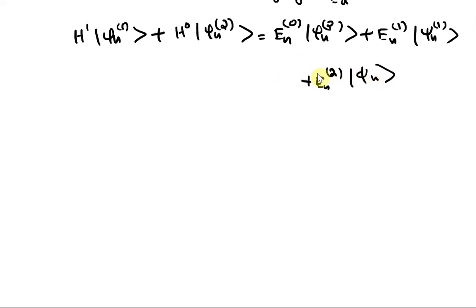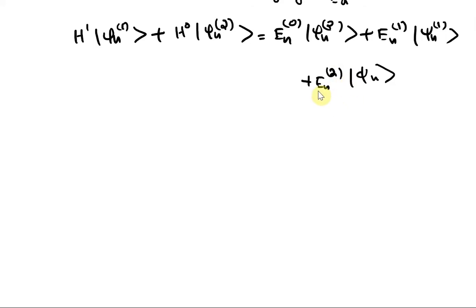If you multiply with the phi n factor, this bracket phi n phi n will become 1, and you get the first order correction in energy. So to do the second order correction in energy, you will do the same process, multiplying the entire equation with the bra phi n, and you will come to know that this quantity is going to be 1, and you will get the second order energy correction.